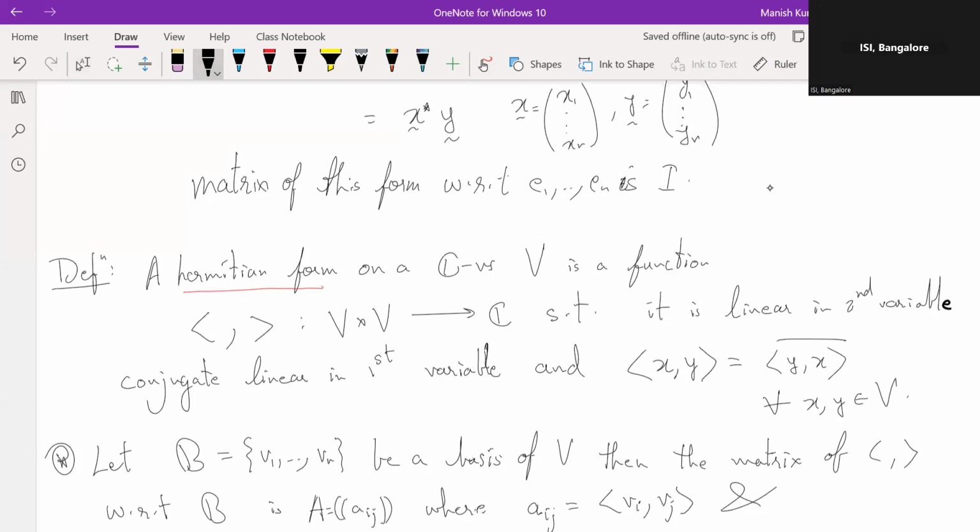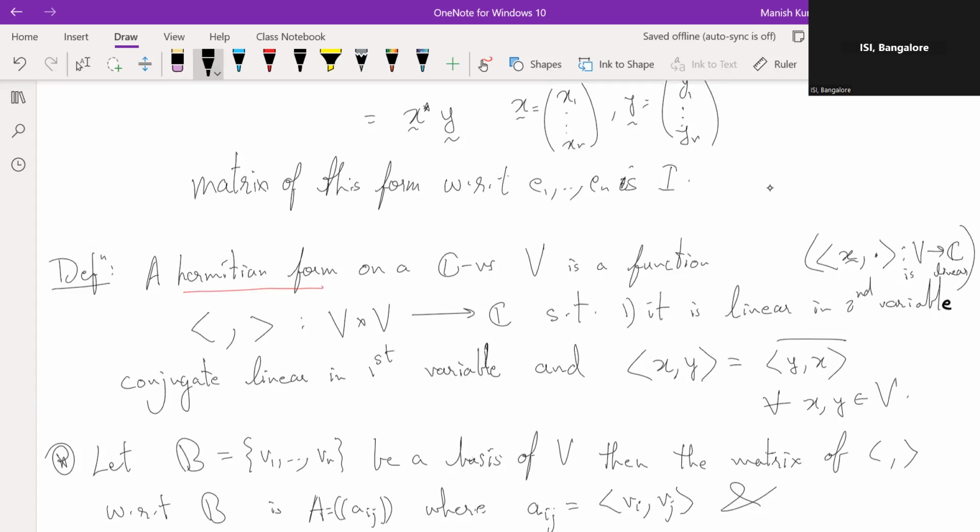Okay, and for x, y, you know what this means. Linear in the second variable means that this map from V to C is a linear map. So condition 1 is the same as this.